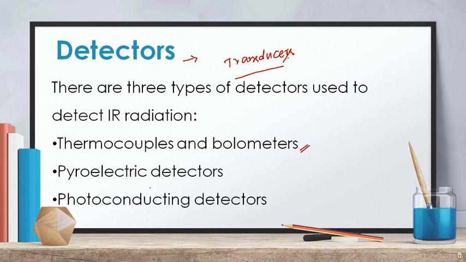The next is pyroelectric detectors, which are also used for IR radiation detection. The next is photoconducting detectors. So these are the available detectors for IR radiation.